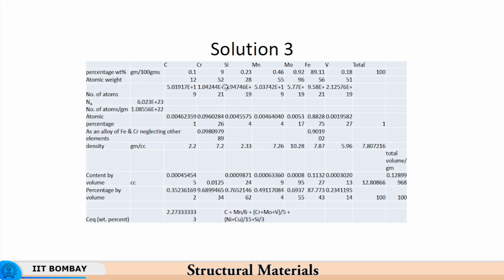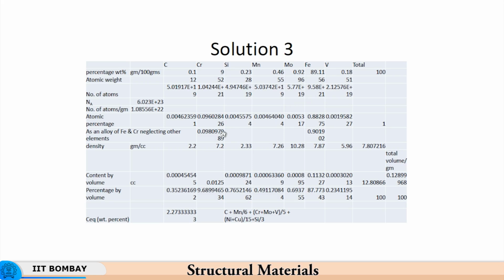If you take this alloy to be a binary alloy of chromium and iron, chromium explains about 98% of the alloy content. So chromium and iron together constitute 98% of the alloy.